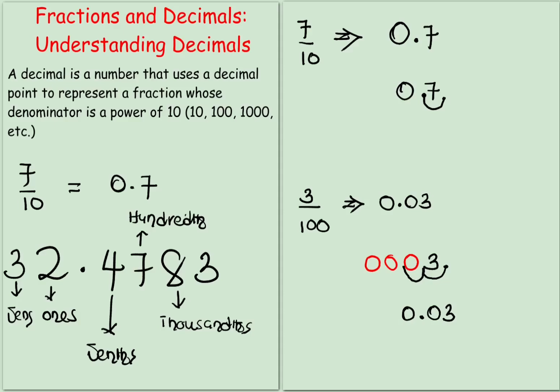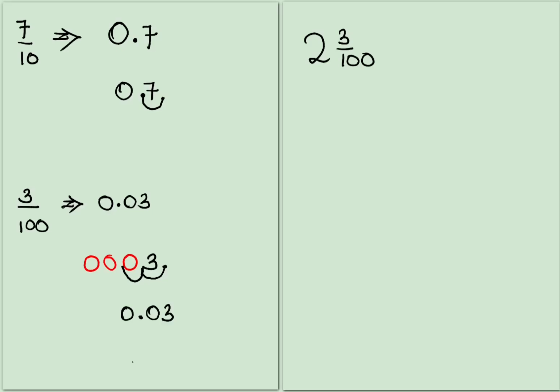You can choose to erase this other 0 because it doesn't change the value whatsoever. Now, what if you actually have a number that is a mixed fraction? So let's look at this mixed fraction we have over here. We want to change it into its decimal form using the place value system. That is, if you understand, you have 2 whole number. The 2 is a whole number, so you just put your 2, then point.